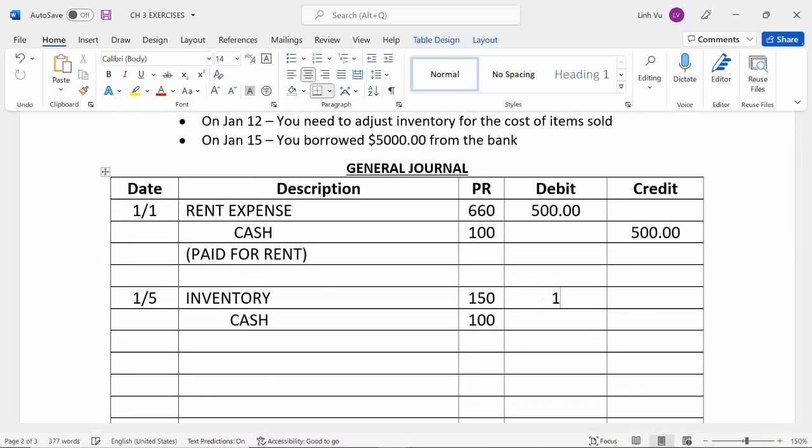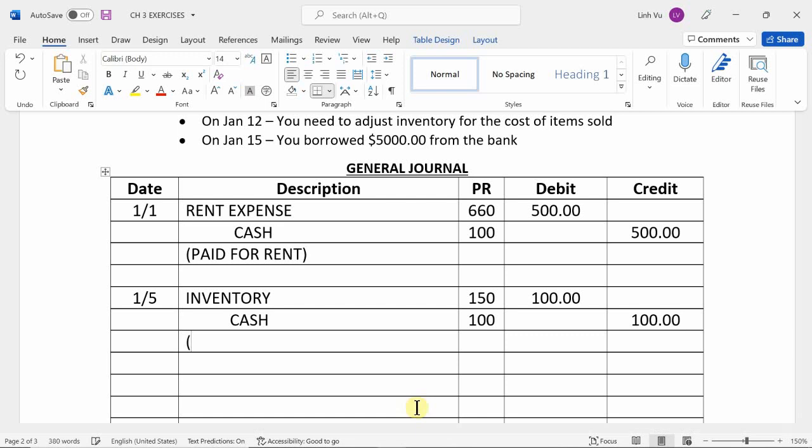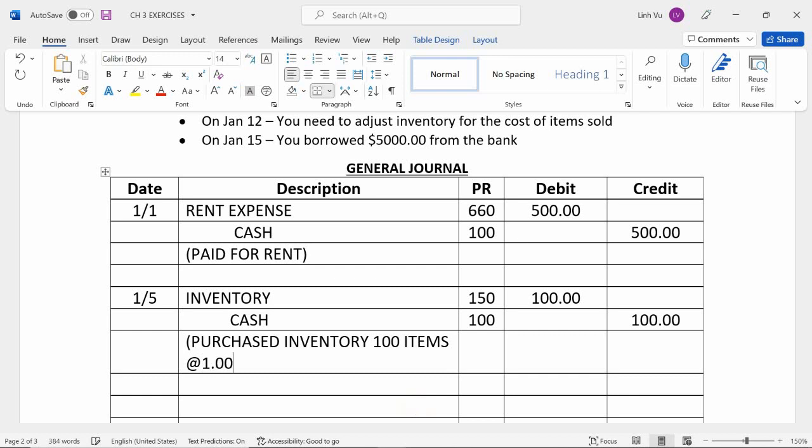And that's it, right? Your description can say you purchased inventory items, or you purchased 100 inventory items at $1 each.